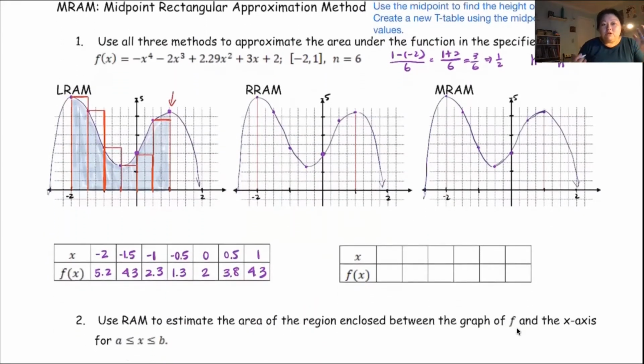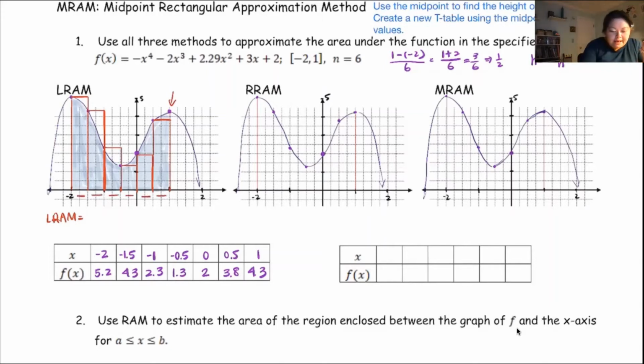So my job to help estimate this is to figure out how big these rectangles are and then add them all up. LRAM is equal to... you will see every single rectangle here is perfectly lined up, so every single base is 1/2. This is a half, this is a half, this is a half, this is a half, this is a half.